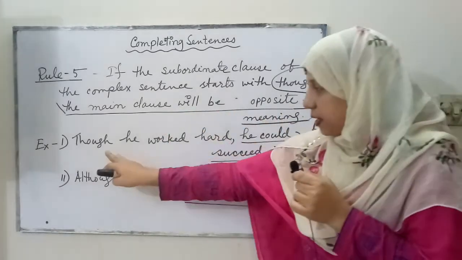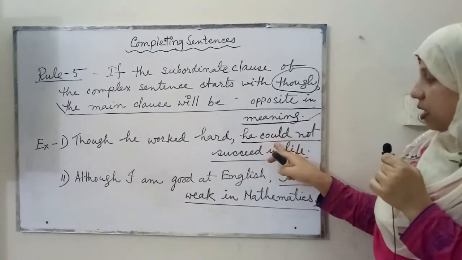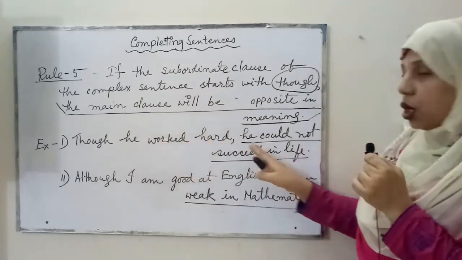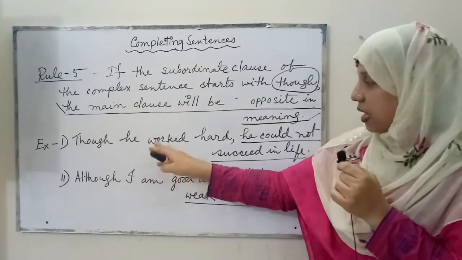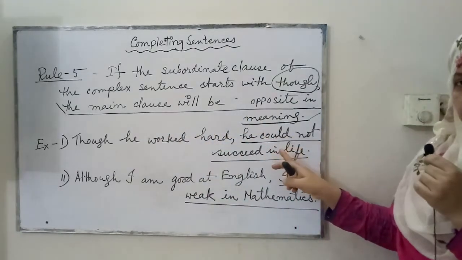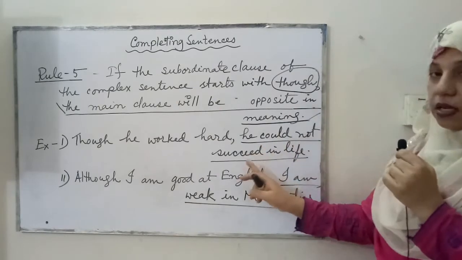For example, though he worked hard, he could not succeed in life. You see, these are opposite in meaning, and as this is in the past tense, here you see could has been used. He could not succeed in life.